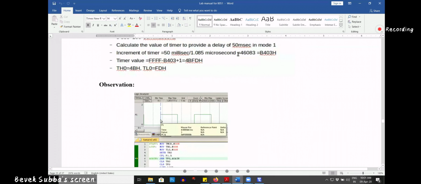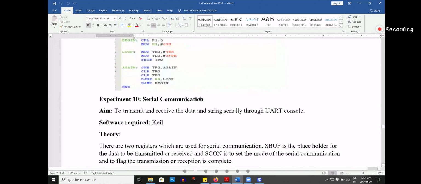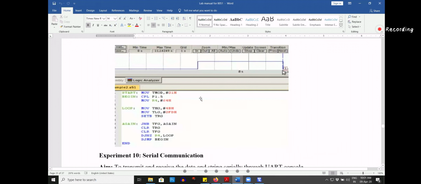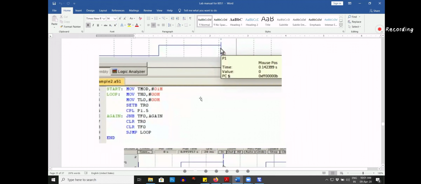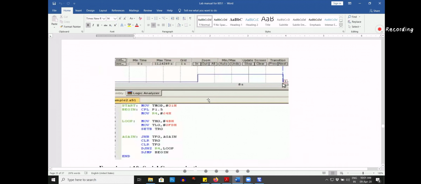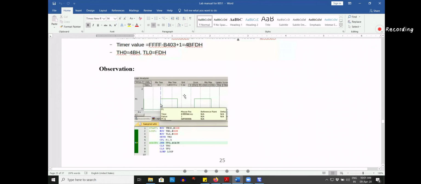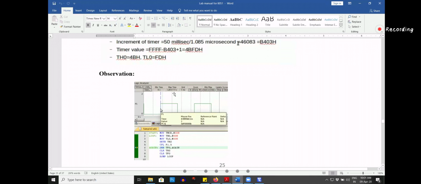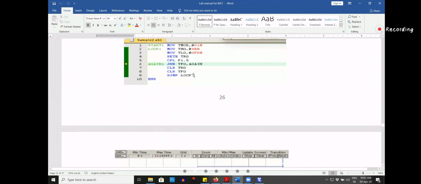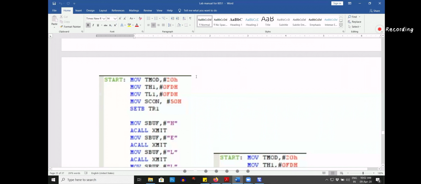See, I have done this, somewhere 00FB, yeah, 4B. Even if I have not done it, you need to get this graph which has 1 period equal to 100 milliseconds. Then I want to have one square wave.